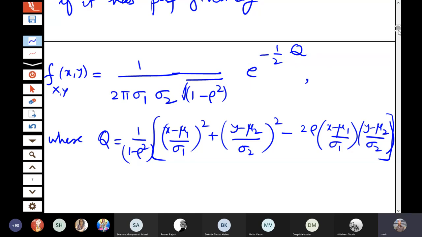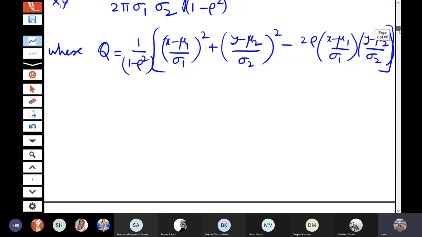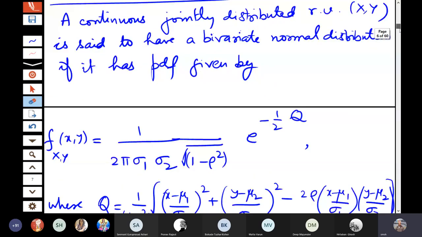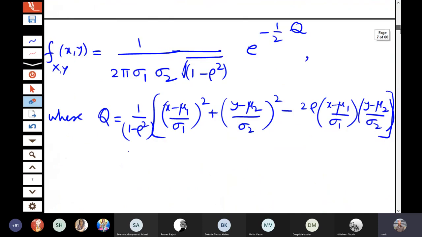This q term I will consider. Before that I should say something. Whenever we write down a distribution, we should talk about the range of the variables. I did not mention it because we already know the range of variables for the normal distribution.